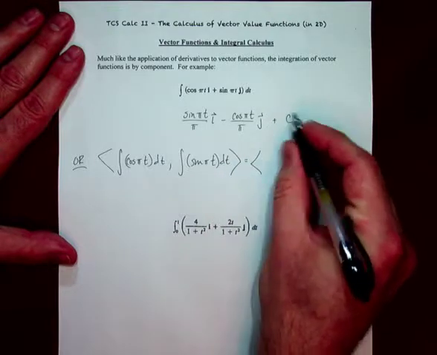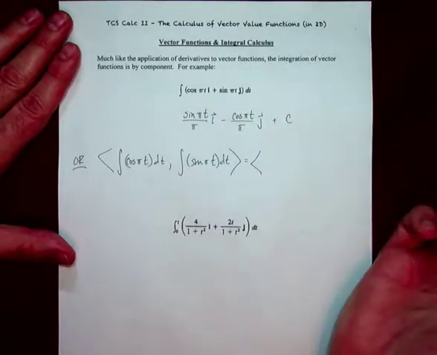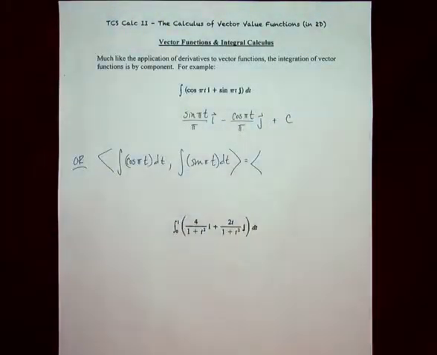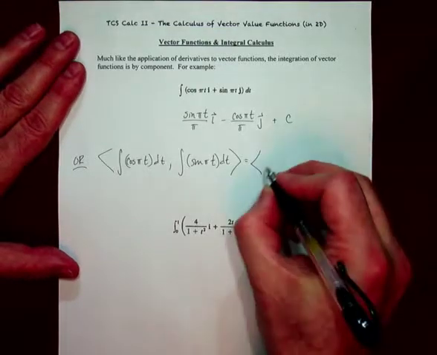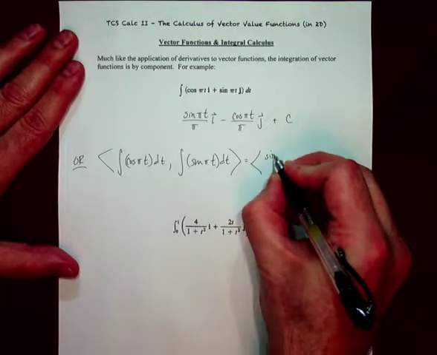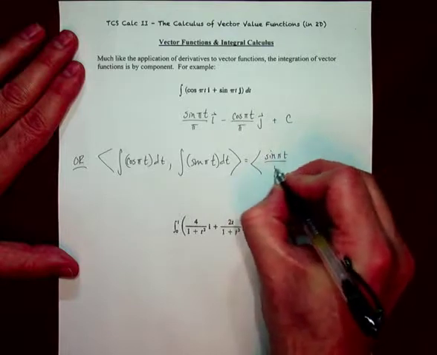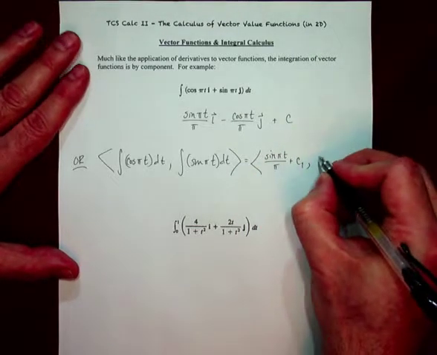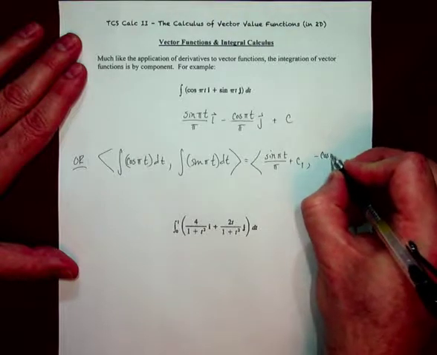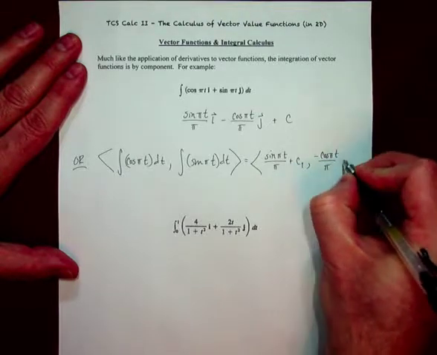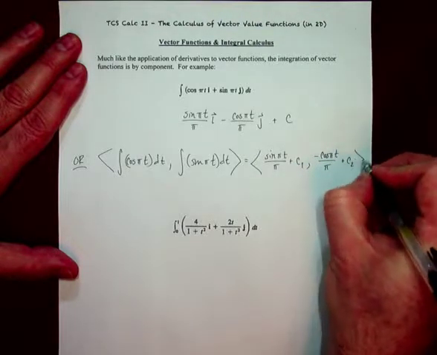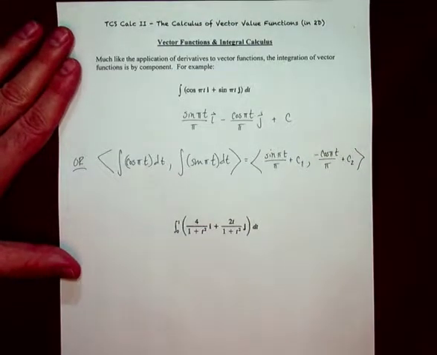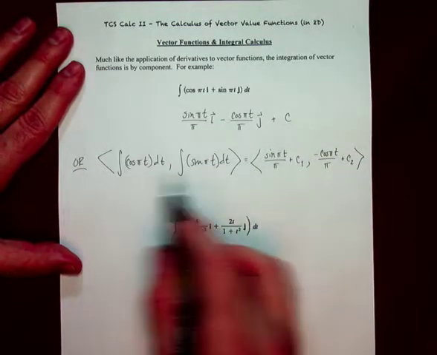You don't have this c dangling out there, unsure what portion of it goes towards the i and what portion of it goes towards the j. This one gives you sine of pi t over pi plus c1 and negative cosine pi t over pi plus c2, okay?